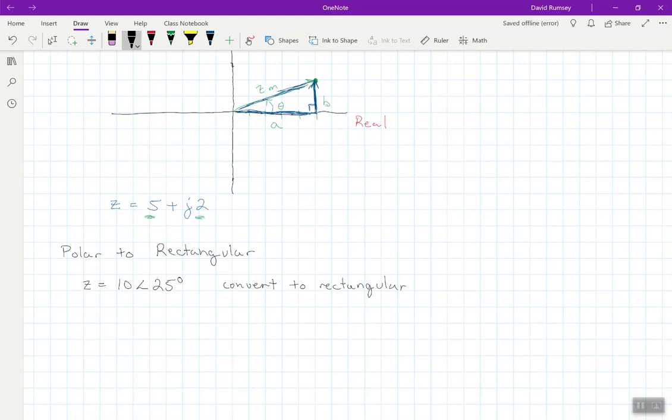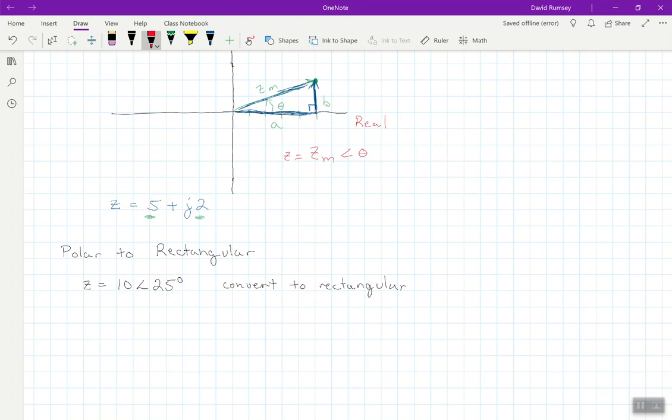Well, let's just develop our formula looking at this triangle up here. We have given z is equal to some magnitude at an angle of theta. We want to convert this to rectangular format. I'm going to do some right triangle trigonometry here.